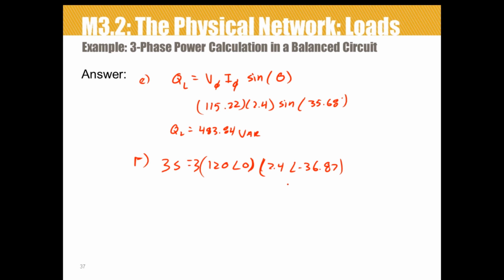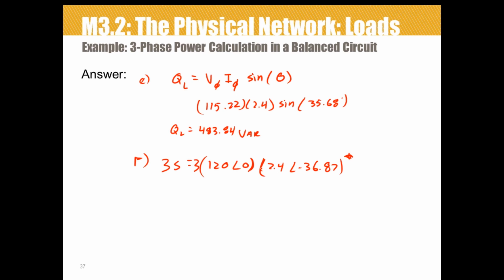And you may say, oh, hey, hold on a minute, this should be the complex conjugate, excuse me. The angle of the voltage and the angle of the current are different in the different phases. Well, while that's true, remember when we multiply them, we're just adding the angles together.